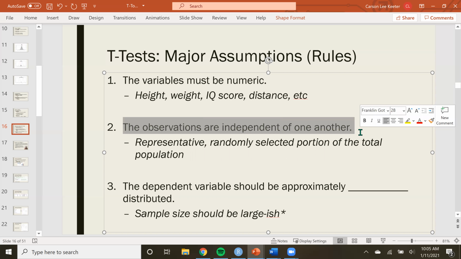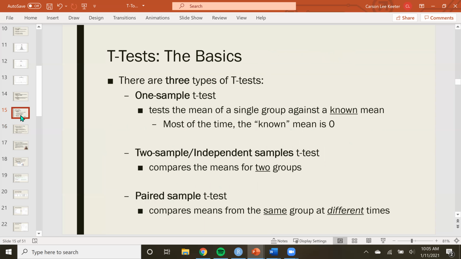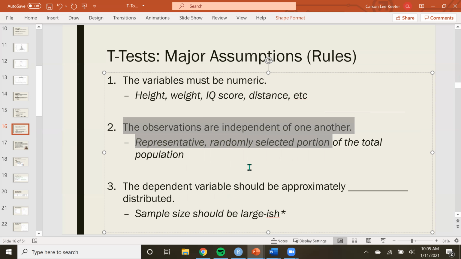In this class, you'll always be given data that is independent, so you don't need to worry about it in the sense of a two sample case. But in the case of a paired t-test, it's a little different. We don't have to have that assumption because they are totally dependent because you have the same people pre and post something. So again, this is kind of always assumed unless I give you some kind of trick question. I'm never going to do that, but good to know in practice, right?